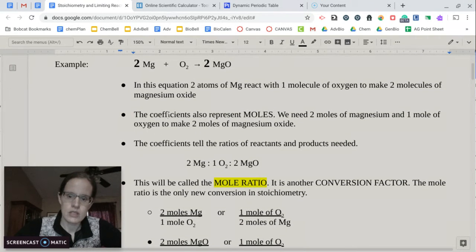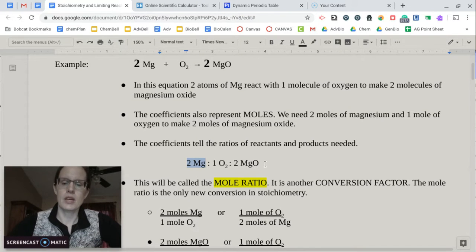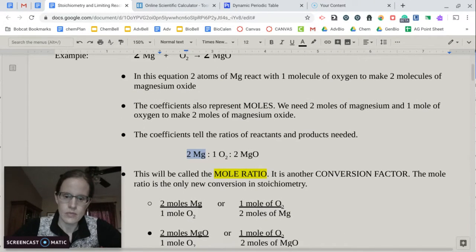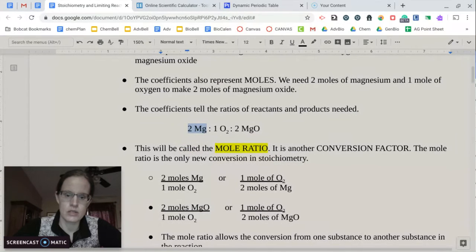The coefficients are going to tell us the ratios of reactants and products. So like I just said, you could also write it like this. You've got 2 moles of Mg for every 1 mole of O2, and you always get 2 moles of MgO. You have to have that ratio, a 2 to 1 to 2 ratio.